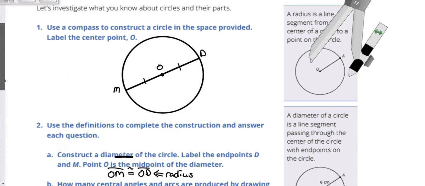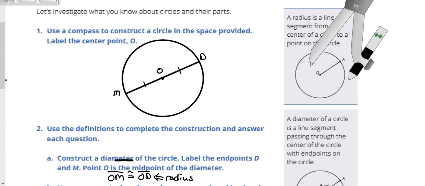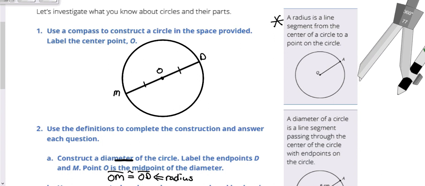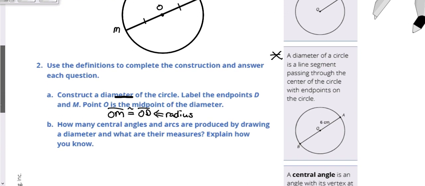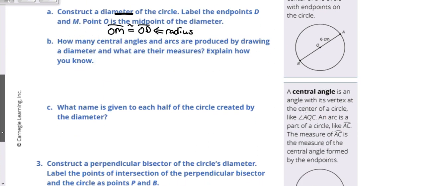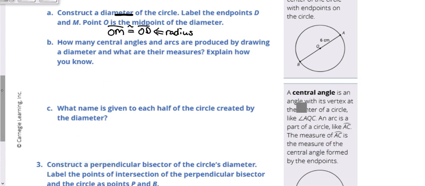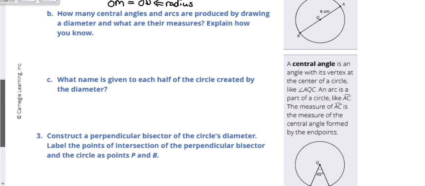All right, so we have some definitions over here. A radius is a line from the center of a circle, this thing, to a point on the circle. A diameter, which is something you're probably already familiar with, is a line segment passing through the center with endpoints on the circle. And a central angle is an angle with its vertex at the center of the circle.